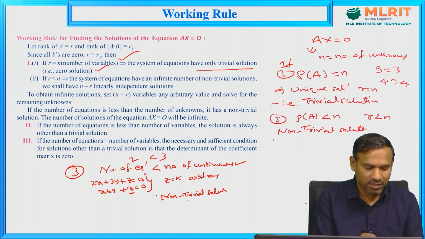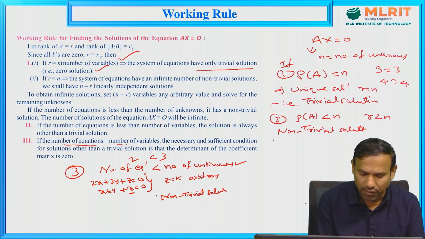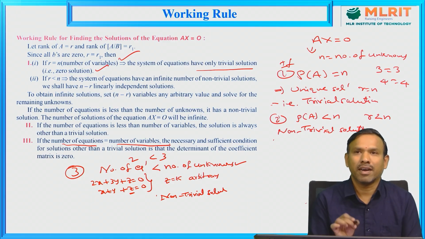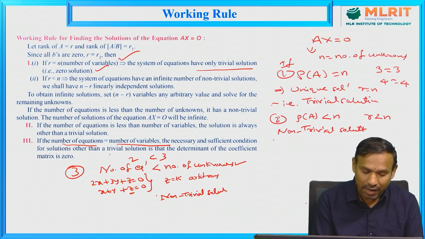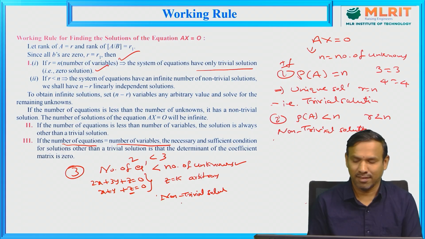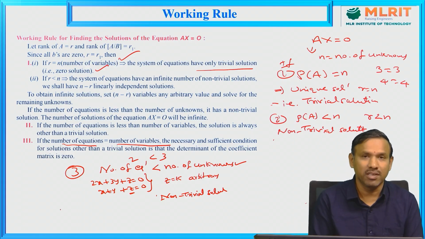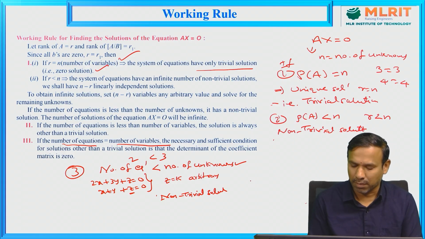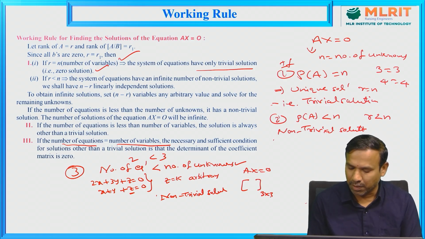Last case: the number of equations is equal to the number of variables, 3 by 3 with 3 unknowns, or 4 by 4 with 4 unknowns, and the system has a solution other than the trivial solution, that is, a non-trivial solution. Consider the same system in matrix form: Ax is equal to 0, where the coefficient matrix is 3 by 3 and the unknowns are x, y, z.